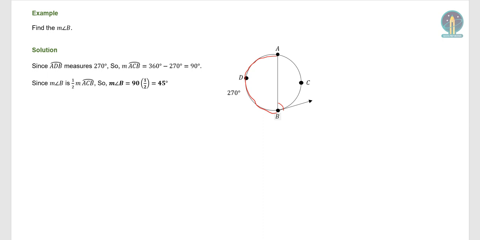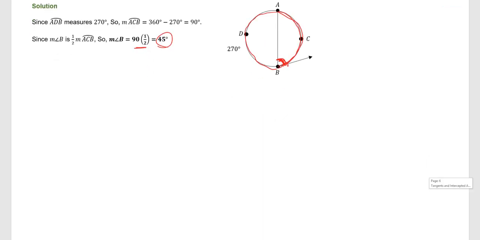So the remaining arc should be 90 degrees. Since the measure of this angle has to be half the measure of this arc, it's half of 90 degrees, which is 45 degrees. So the measure of this angle would be 45 degrees. It's not necessarily up to scale, but this is just to prove the concept.